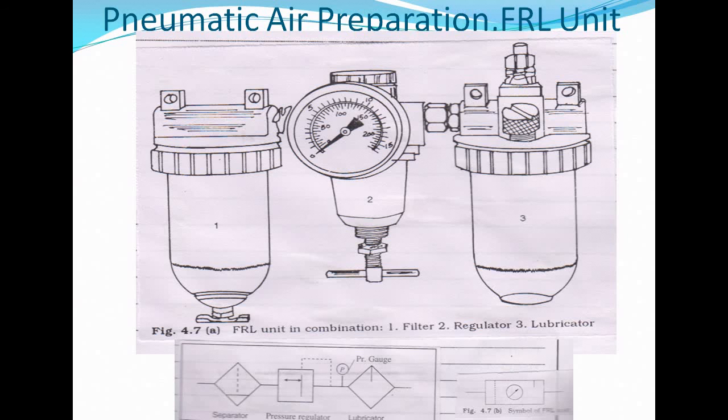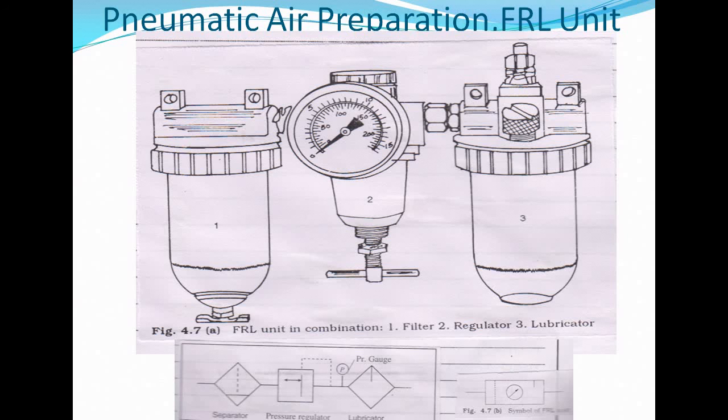In case of regulator, the regulator will maintain the specified pressure. Whatever air is supplied by the compressor has to be supplied to the actuator at the required pressure, and there will be some pressure drop, so that pressure drop is compensated by using the regulator.